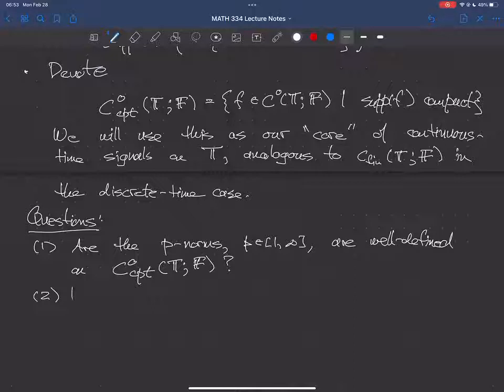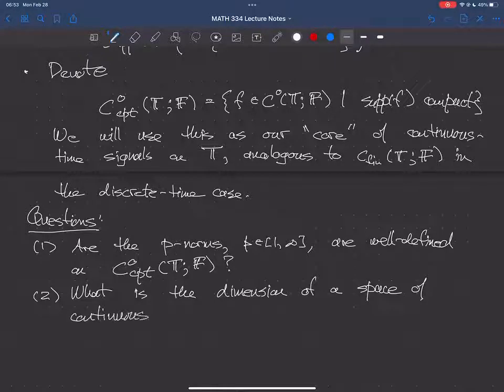And so the first question we'll ask is algebraic in nature, and that is, what is the dimension of a space of continuous time signals that contains our core?